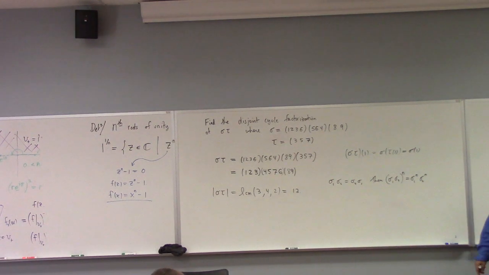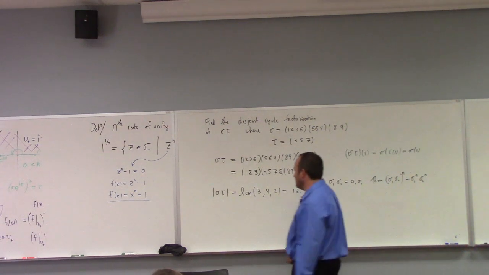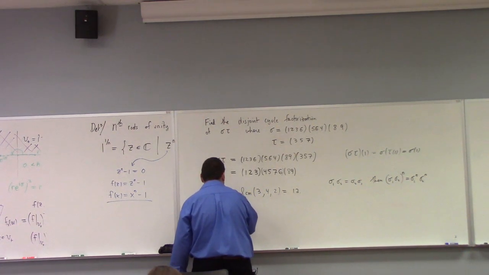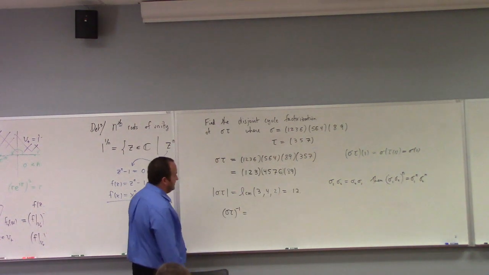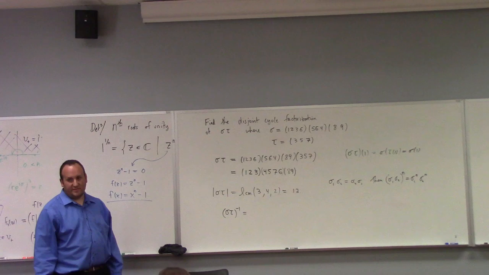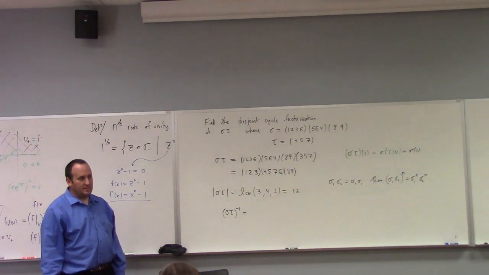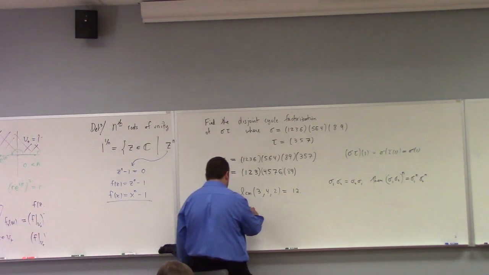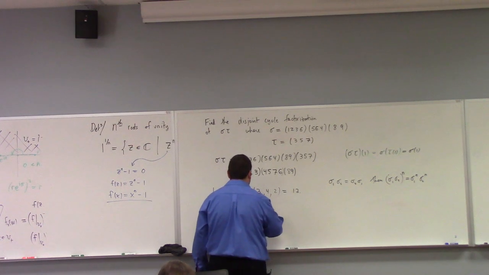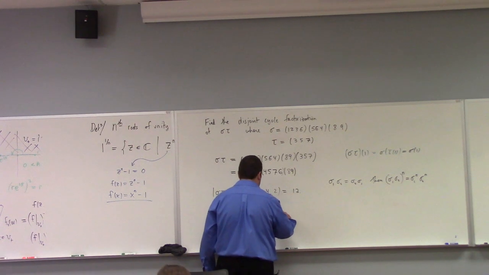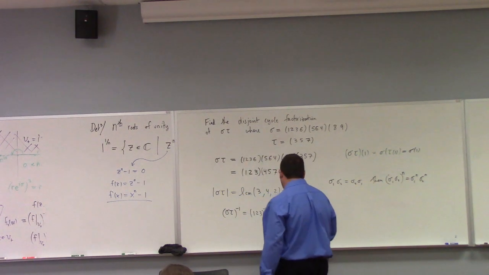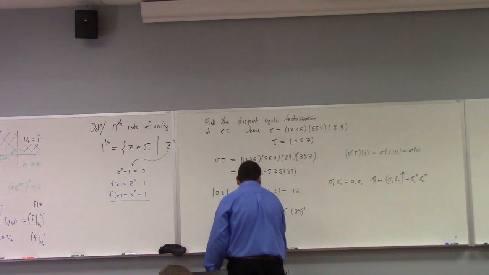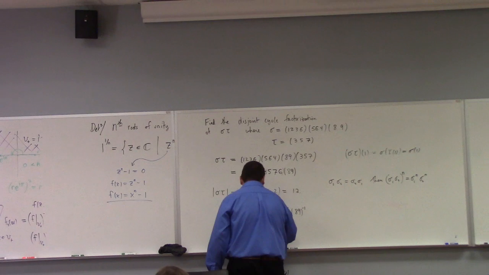What's the inverse of sigma tau? Because you have a disjoint cycle factorization, it's just (1 2 3) inverse, (4 5 7 6) inverse, (8 9) inverse. I think maybe it might be better for you guys if I wrote it this way, because this is what more generally is going to be the case.